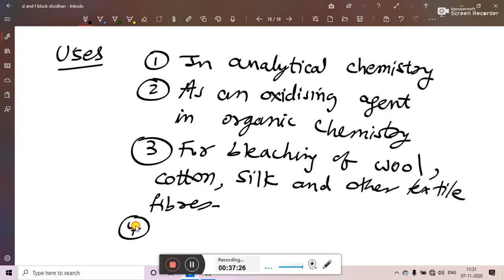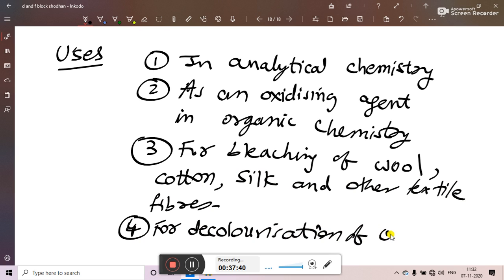Then the fourth use of KMnO4 is for decolorization of oils. As we know that KMnO4 is an oxidizing agent, it can decolorize the oil due to its strong oxidizing power. That's all for today.